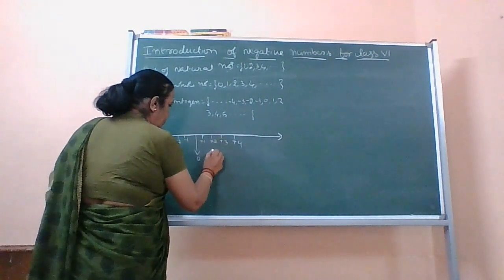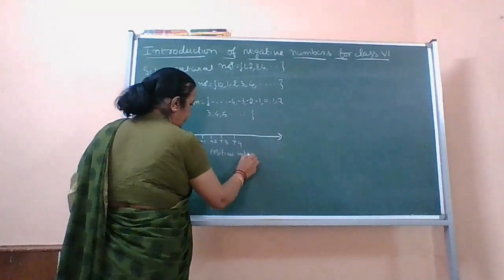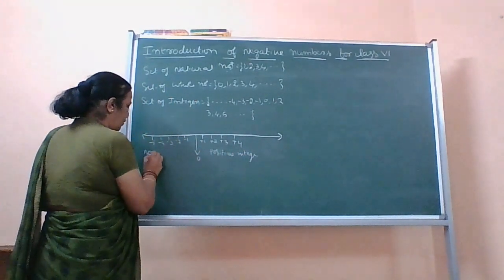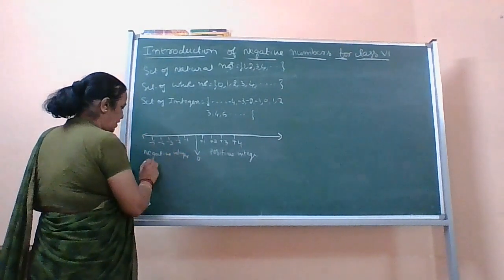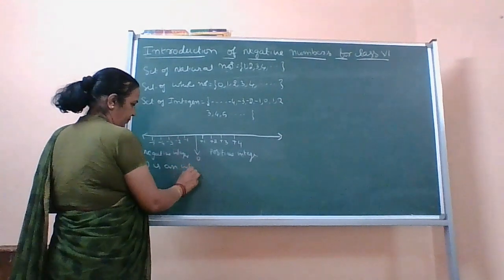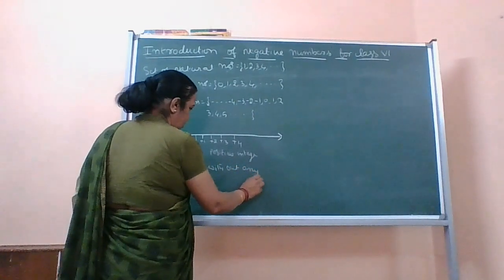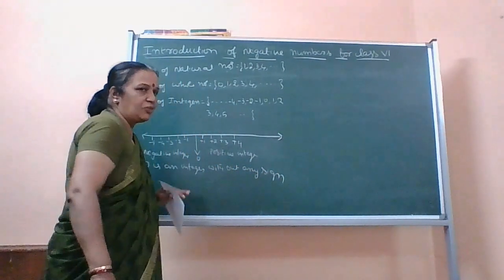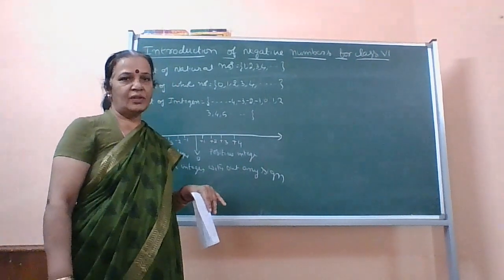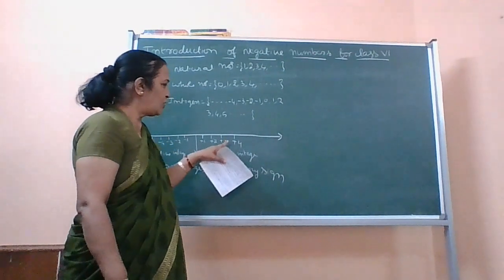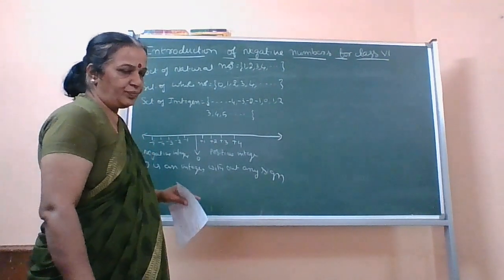These are called positive integers, and this side is called negative integers. 0 is an integer without any sign. That means an integer is a group of numbers with positive sign and negative sign along with 0.